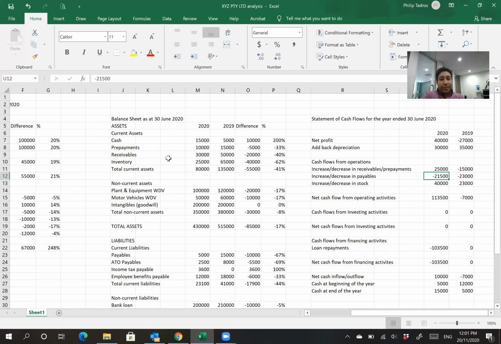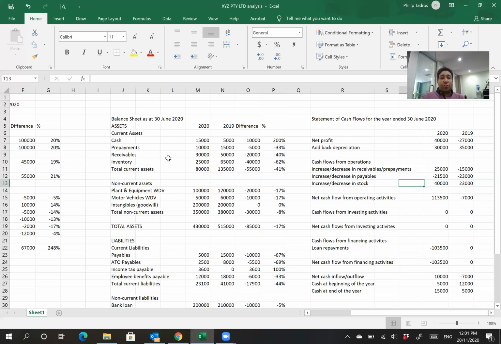A decrease in a current liability, from a balance sheet perspective, may seem to be a good thing. The company's paying off its obligations quicker and in a more timely manner. However, from a cash flow perspective, a decrease in a current liability may not seem to be a good thing, because you're using cash to pay off your payables, your trade creditors, your ATO payables, your employee benefits, and so on.